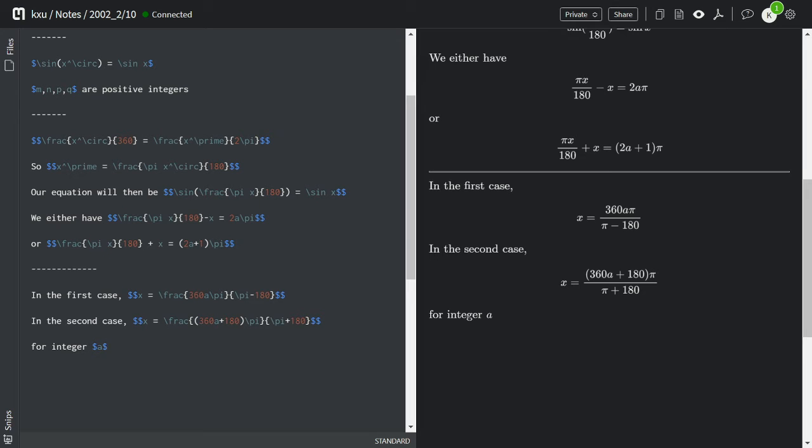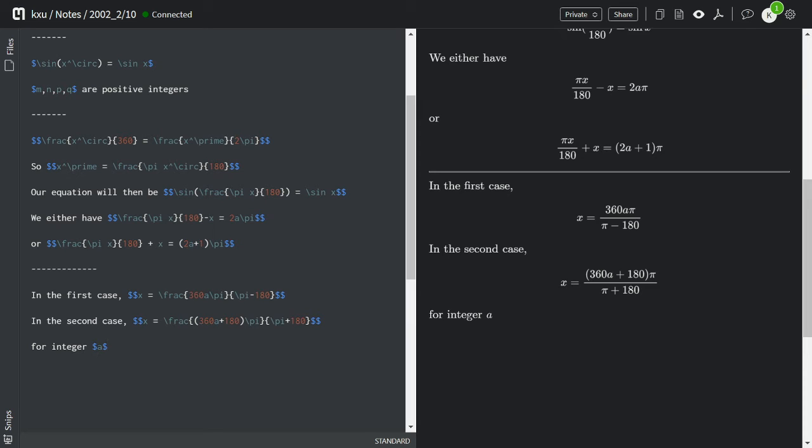And we want the smallest solutions. So let's just see what the smallest positive real solutions to these are. In the first case, we see that the denominator will always be negative. So we want to choose a to be negative. And a equals -1 will give us the smallest value.